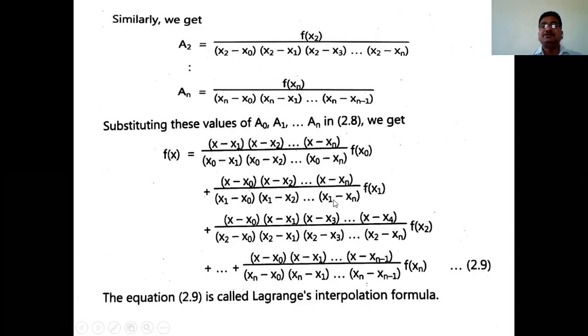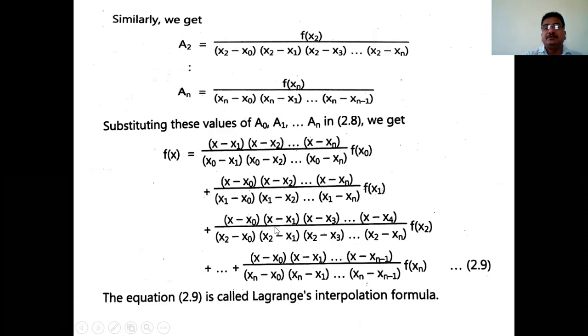So after arrangement of these terms, we have (x − x1)(x − x2)...(x − xn) divided by (x0 − x1)(x0 − x2)...(x0 − xn), times f(x0). Then similarly, after substituting the value of a1, we have (x − x0)(x − x2)...(x − xn) divided by (x1 − x0)(x1 − x2)..., in this way, times f(x1).